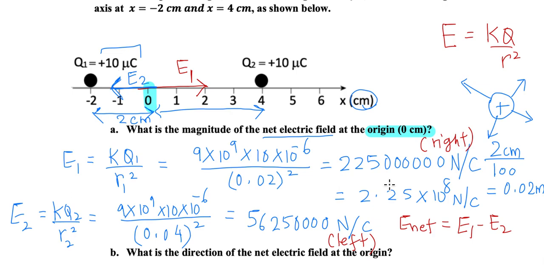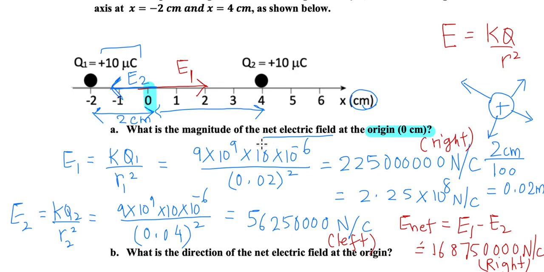Let's just subtract it. 225 followed by 6 zeros. Let me just do that. The answer here will come out as 16875 followed by 4 zeros Newton per coulomb, and our direction we will write as to the right.